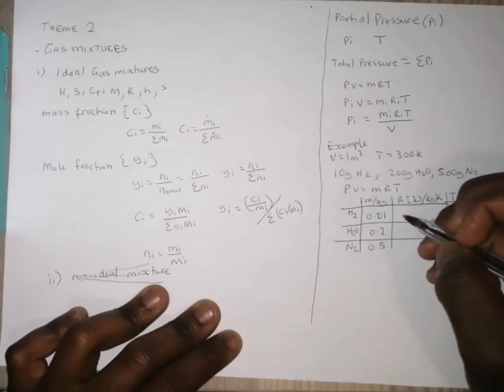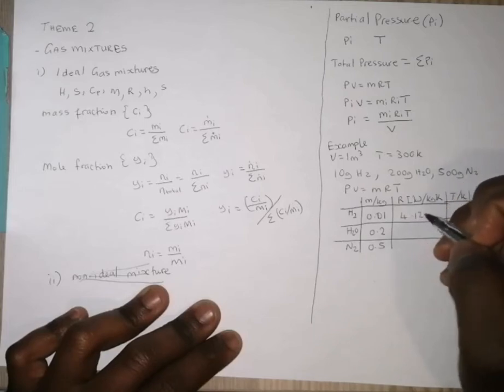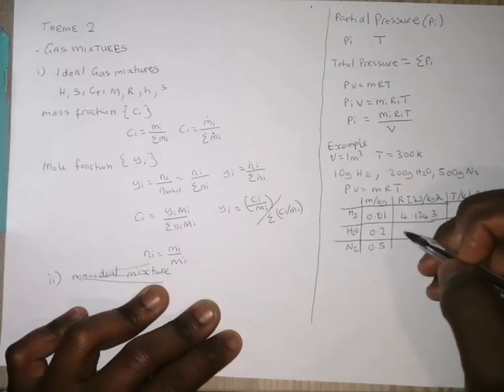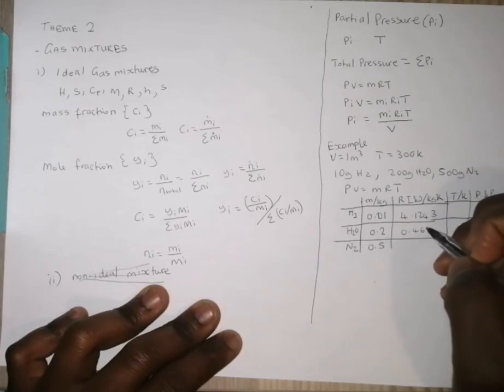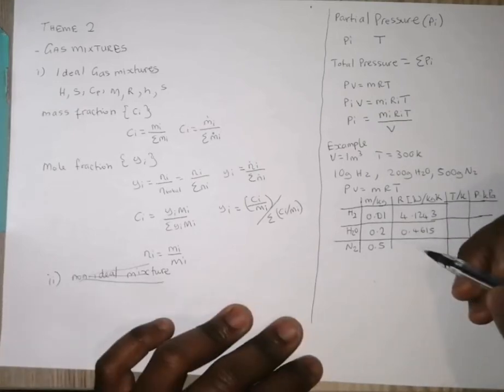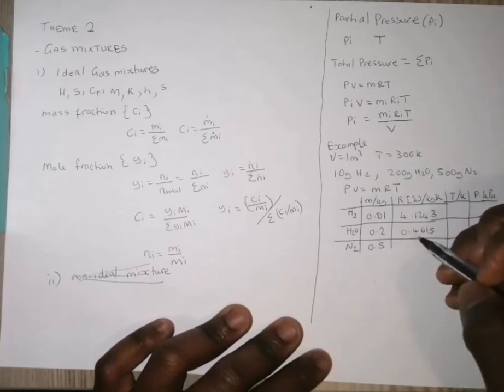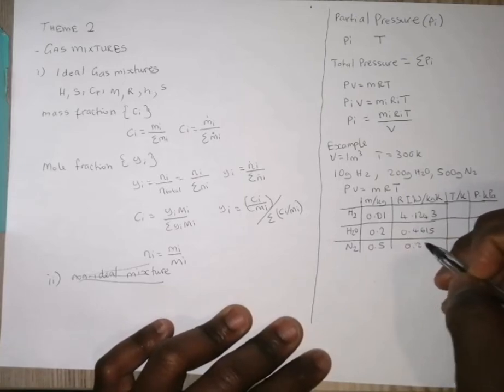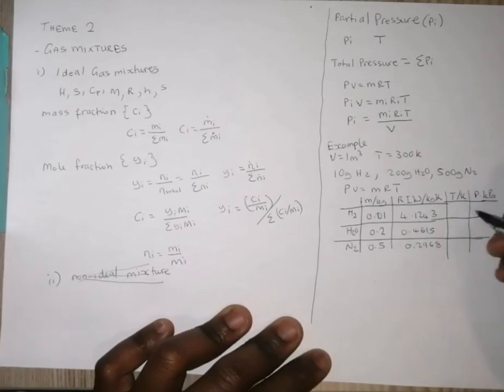Then these are the R values: 4.124 for hydrogen, 0.4615 for water, which you can obtain in your thermodynamic handout, and 0.2968 for nitrogen. Remember, the temperature is 300 for all of them.